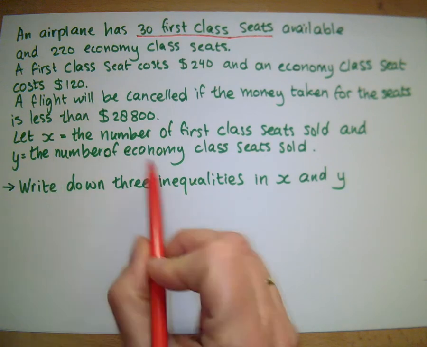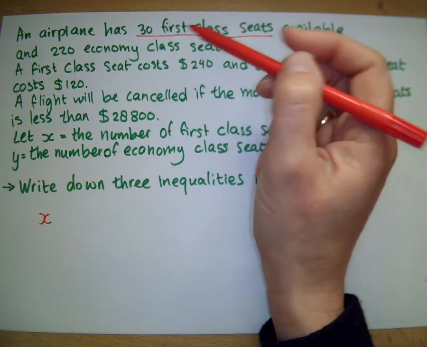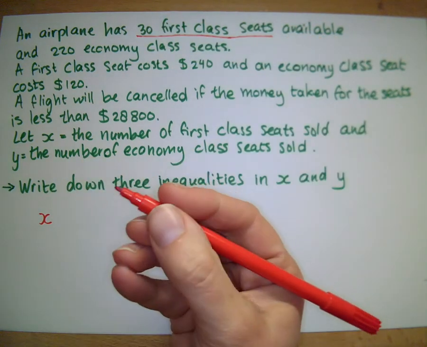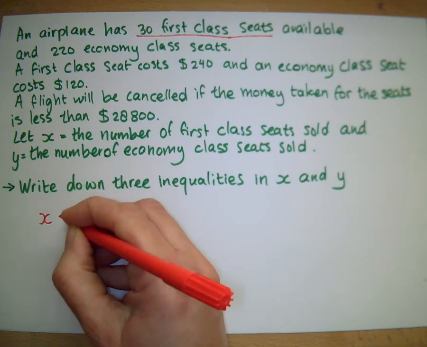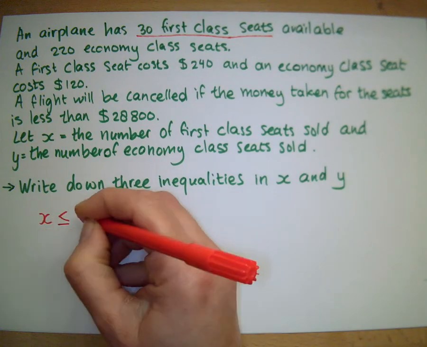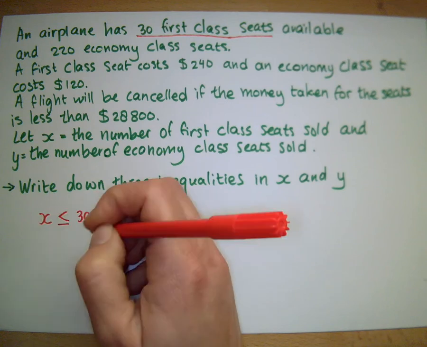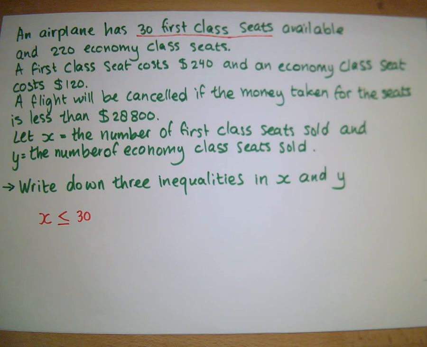So X, the number of first class seats, can be 30 maximum. It can be less, but the maximum is 30. So X has to be less than or equal to 30. Otherwise, we've sold seats that the airplane doesn't even have.